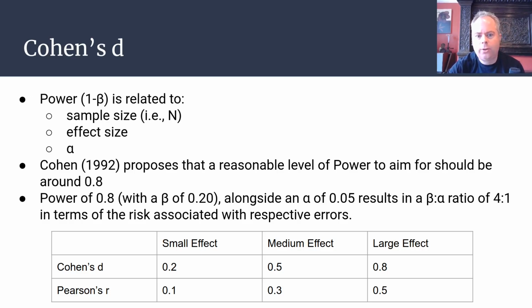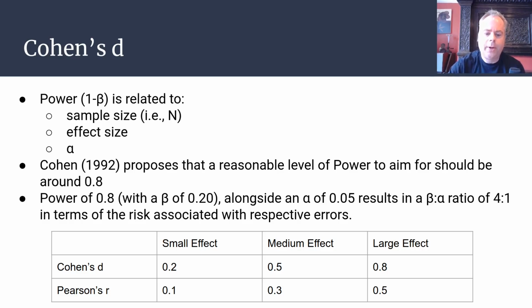So it's not just the number of participants, but also the number of observations per participant. So power is related to sample size, but broadly that's related to participants and experimental trial numbers. It's related to the effect size that you're looking for, and it's related to alpha.